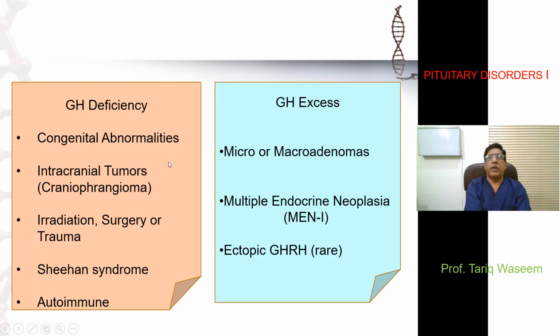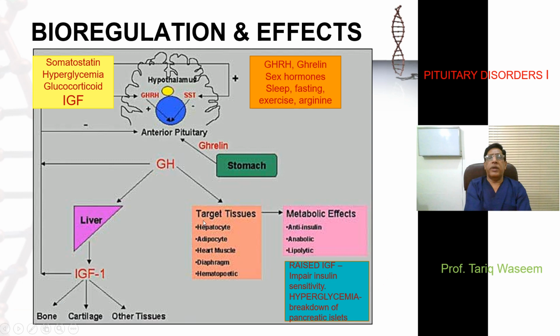Growth hormone also has as its target the hepatocytes, adipocytes, heart muscle, and diaphragm, all of which lead to increased growth.